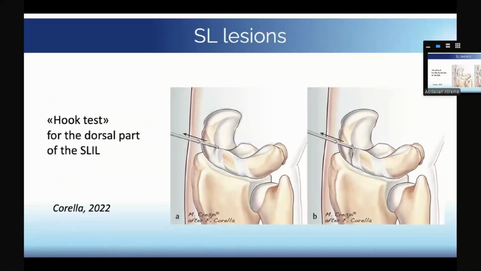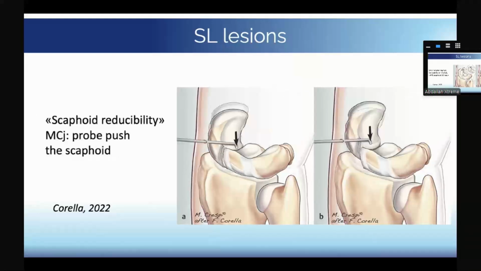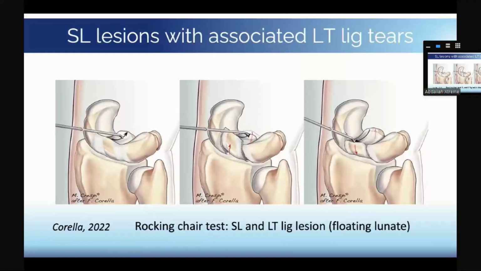From the arthroscopic evaluation point of view, you can perform by probe the hook test proposed by Corella, or the pushing of the scaphoid on the dorsal side to evaluate the translation of the scaphoid, also proposed by Corella, and the rocking motility of the lunate when the scapholunate ligament and the lunotriquetral ligament are involved, that frequently could be associated.